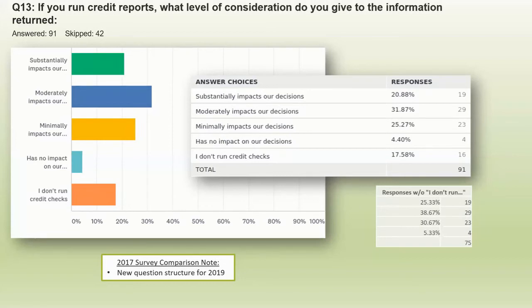What I found a little bit interesting is the population that states it has no impact on their decisions. Credit reports can have value if they're used properly and within certain financial sectors. But if you're ordering credit reports and never reviewing or considering the information, it may be a larger risk item than it's worth for you. That's something to always think about.